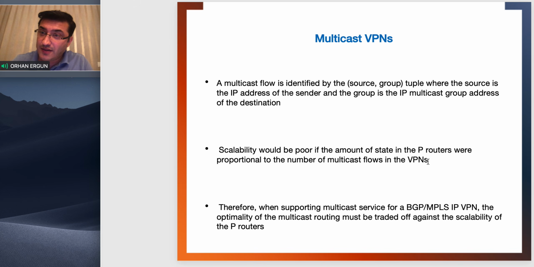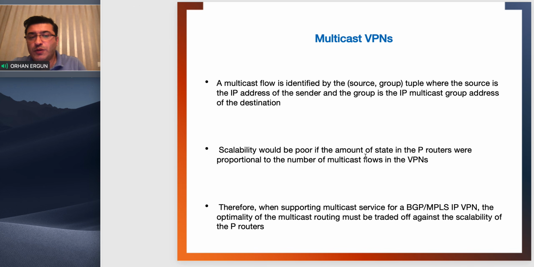So more state, maybe more optimal routing, but less scalable. We will see lots of profiles based on the scalability and optimality trade-off. And encapsulation also. Would you want to use IP, GRE in this case, or MPLS encapsulation?